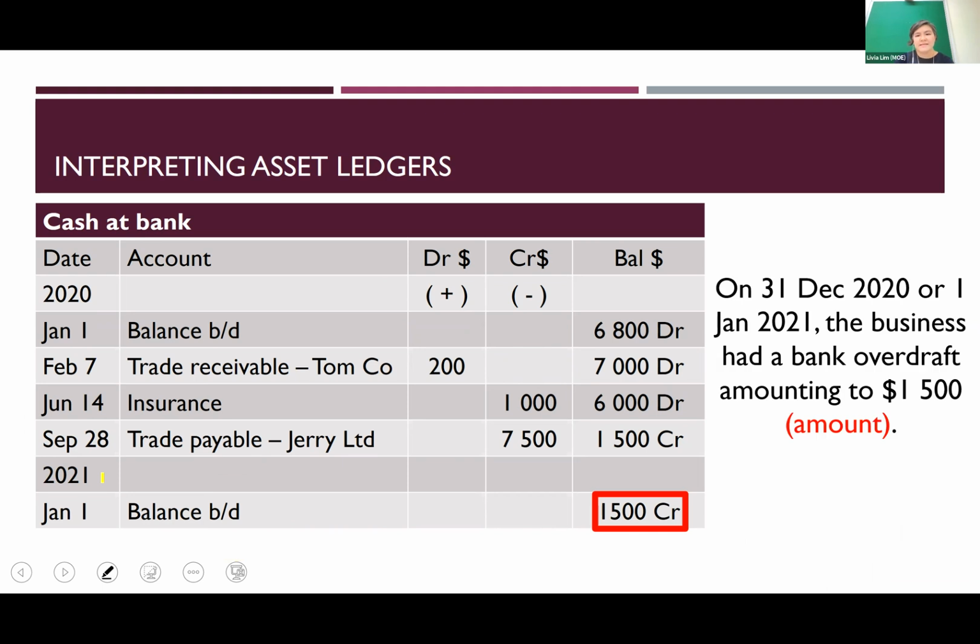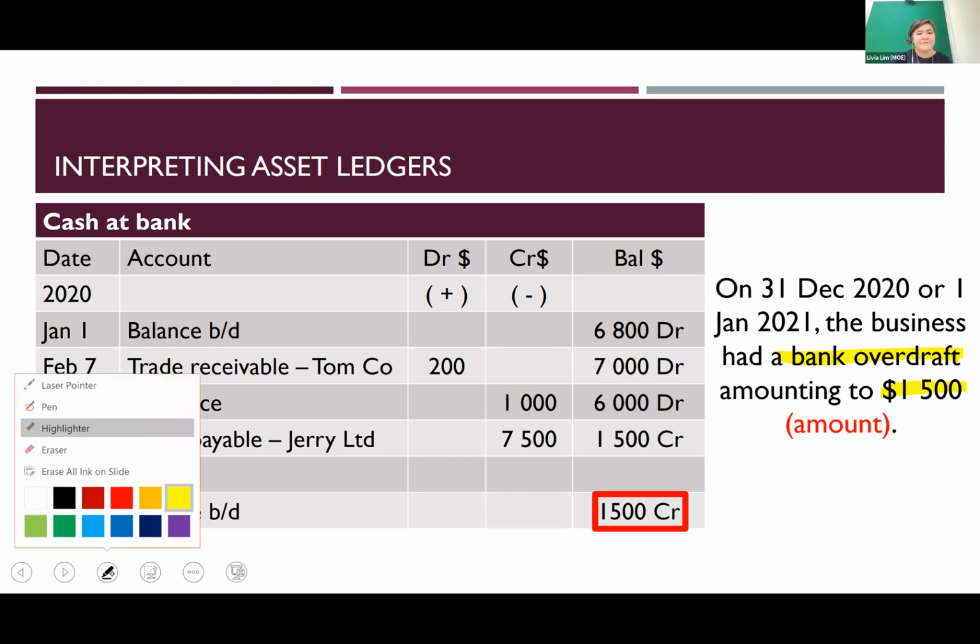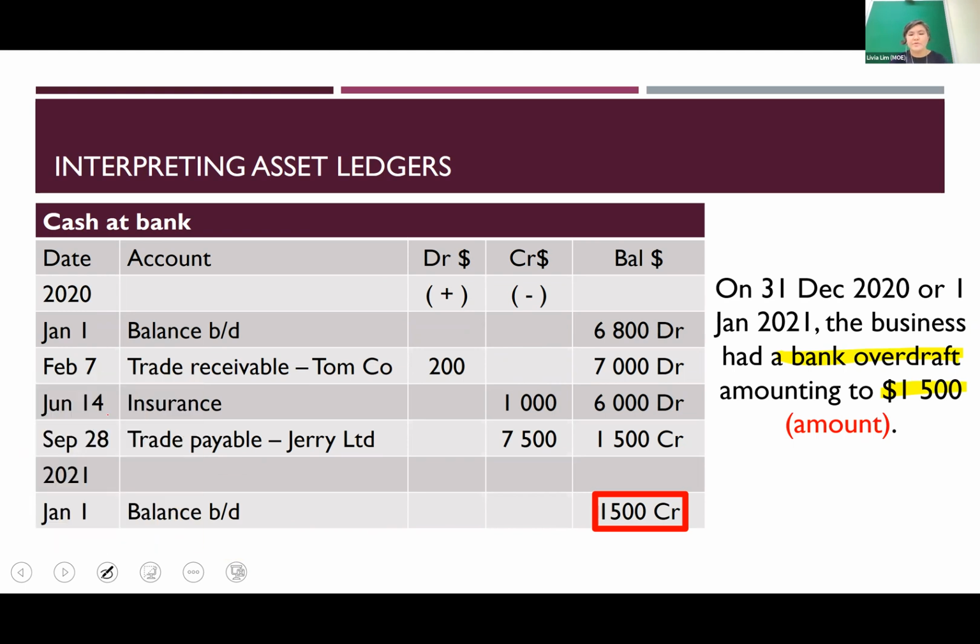It tells us that the business had a bank overdraft, and this bank overdraft is $1,500. Now, how do I know it's a bank overdraft? Because of the credit balance. A credit balance tells me that this cash at bank amount is a liability, and therefore a bank overdraft.